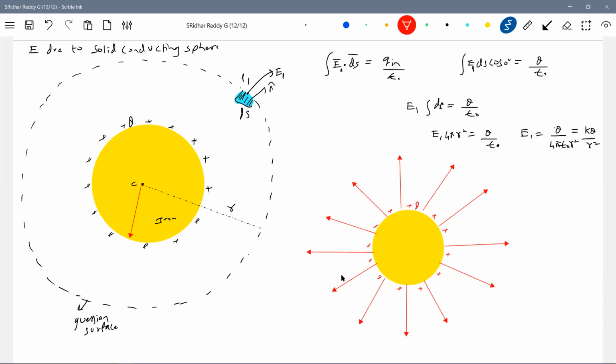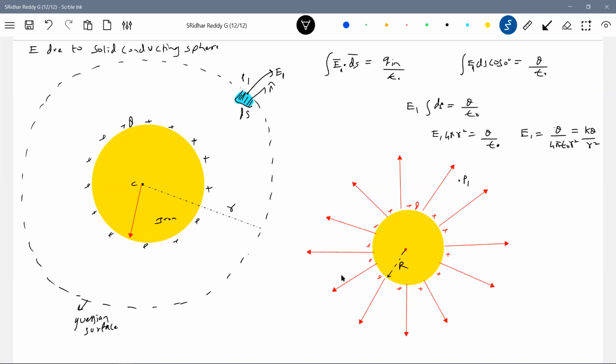Okay, this is the radius of the sphere. So the field strength we have calculated at point P1 here, E1, how much is it? Where will the field be?